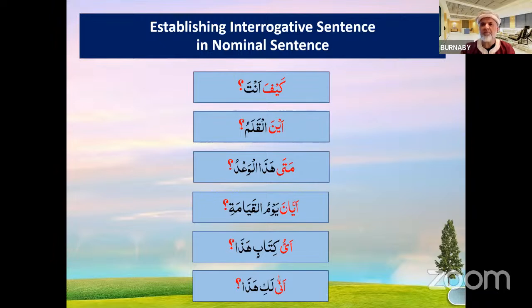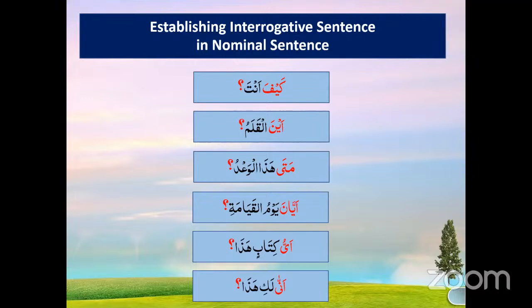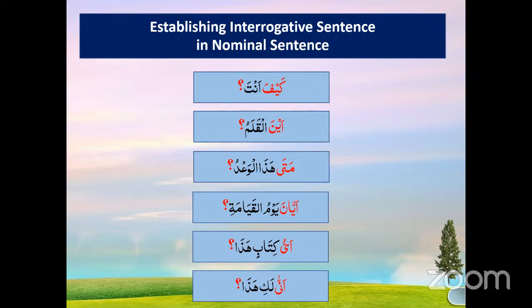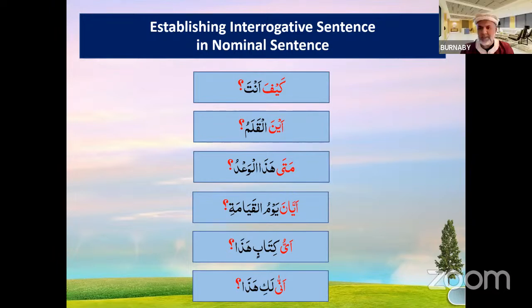Or, where is this from? Which book is this? If you say Ayyu Kitabin, so you're saying which book? Is Ayyu Kitabin going to be a sentence? Ayyu Kitabin means which book, right? So if you say which book, yes, it is a Murakkab Izafi, but it's not a sentence.